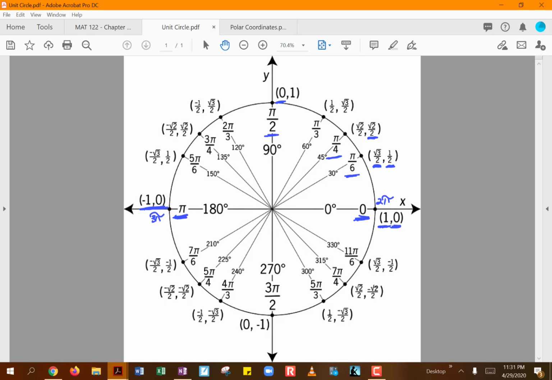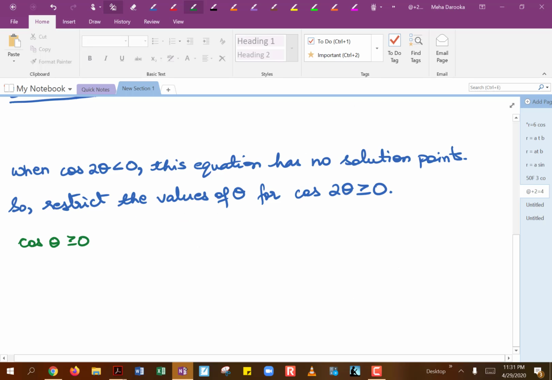So cosine is going to be positive in the first and the fourth quadrant. So that means your theta has to be between 0 and pi halves, that's going to be our first quadrant, or it will be positive between 3 pi halves and of course 2 pi, which will be your angles for the fourth quadrant.